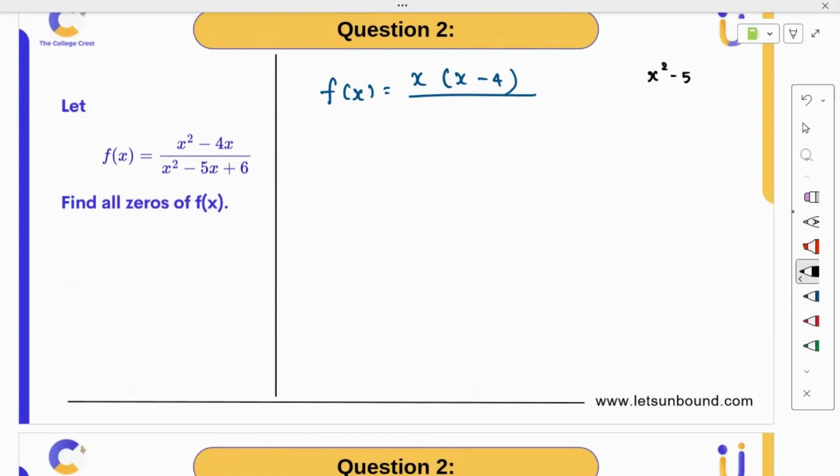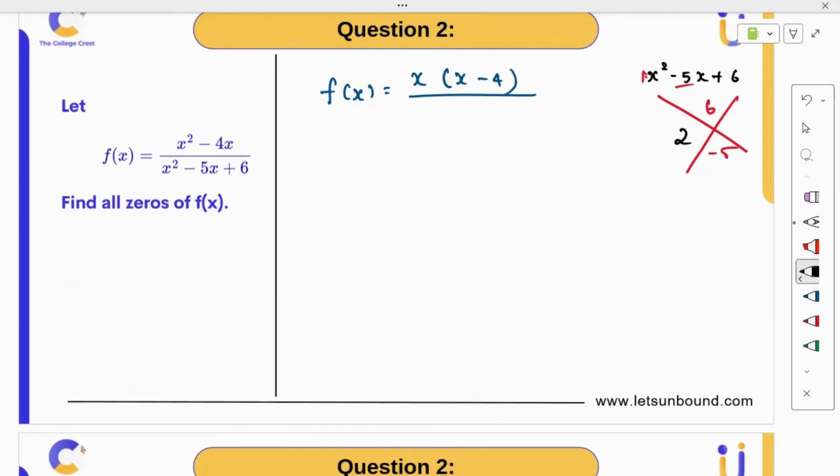x squared minus 5x plus 6. So again, look for 2 numbers whose product is 6 and sum is minus 5. 1 times 6 is 6, but if I give minus, it won't work. So let me try a different one. 2 times 3.